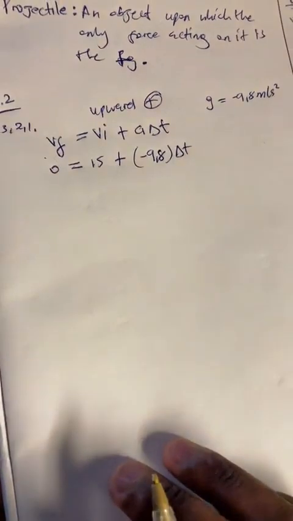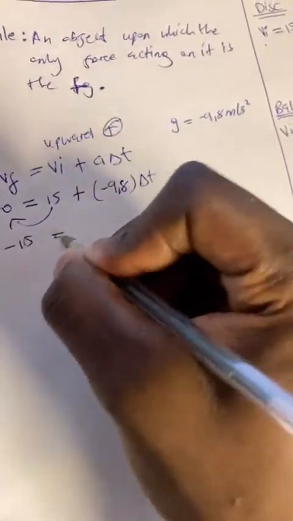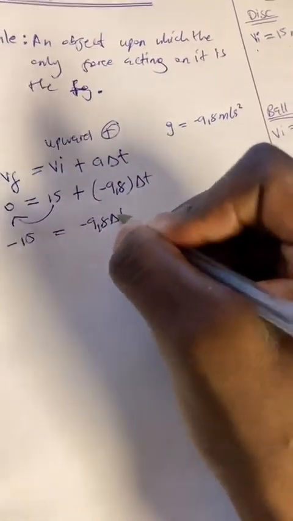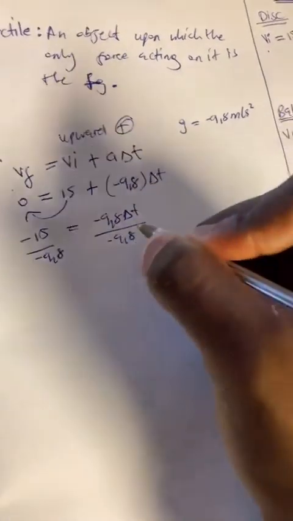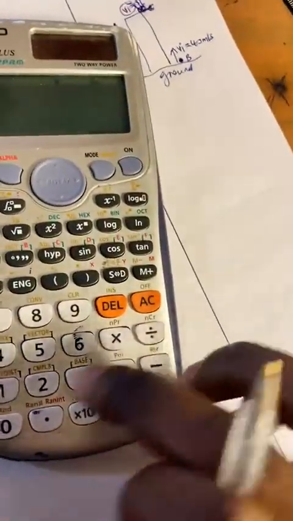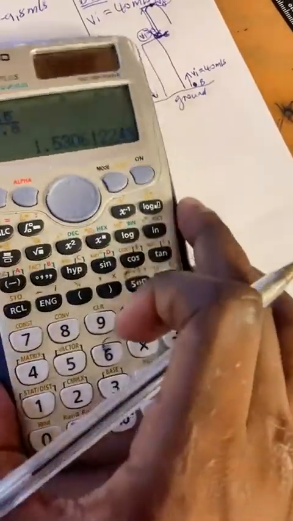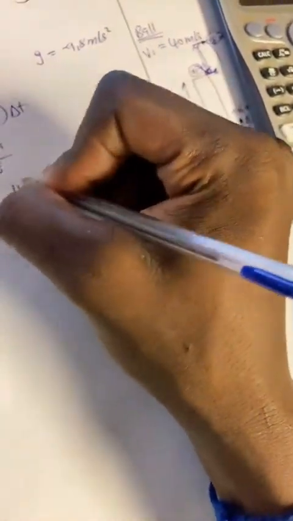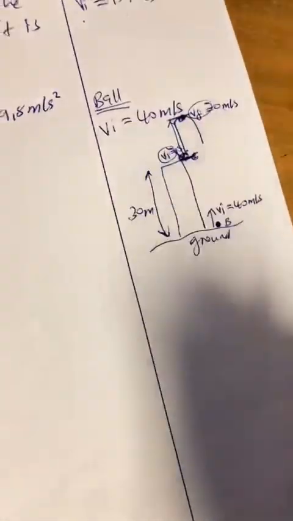Then we take this one to this side, so negative 15 is equal to negative 9.8 delta t. Divide by negative 9.8 on both sides, this one cancels this one, then our delta t is equal to, you press your calculator, negative 15 divided by negative 9.8, to get an answer of 1.53 seconds. That is the time it takes for the disk to reach its maximum height.